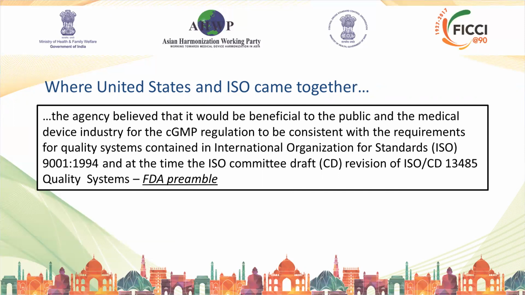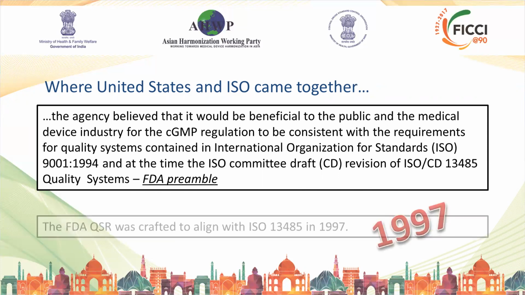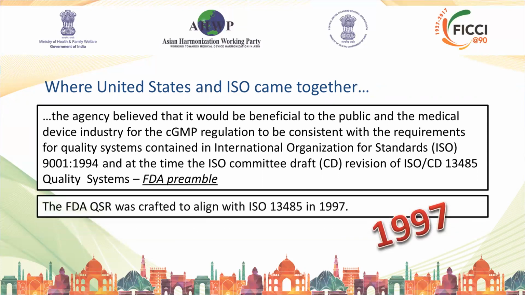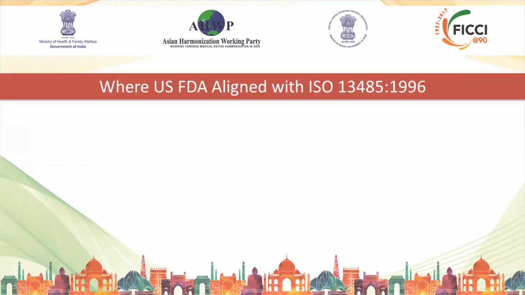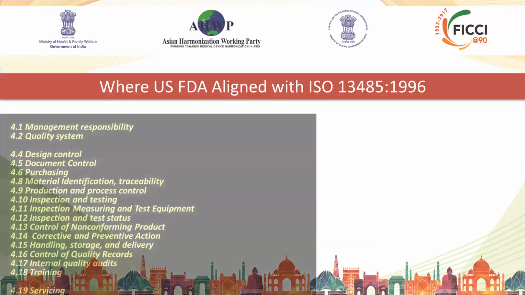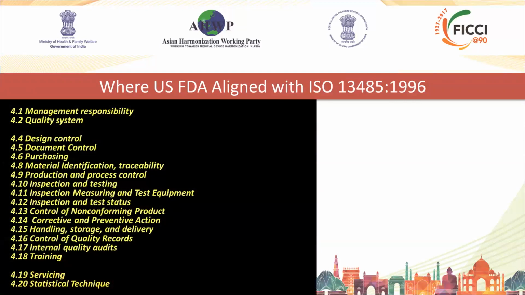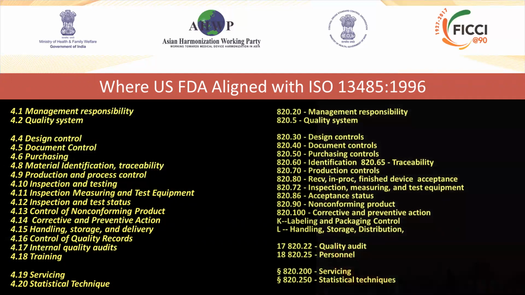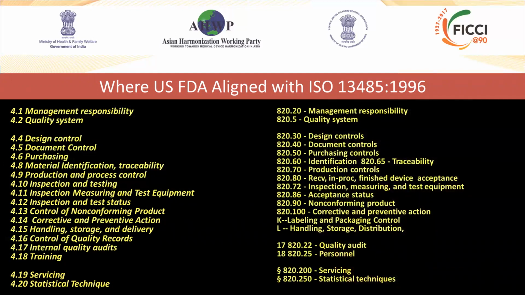Here's a statement in the preamble of the FDA that mentions 13485. The FDA QSR was crafted to align with 13485 in about 1997. Back then, the US FDA aligned a lot with the 13485:1996 standard, and you can see a lot of overlaps in the clauses and the naming conventions for the different processes.